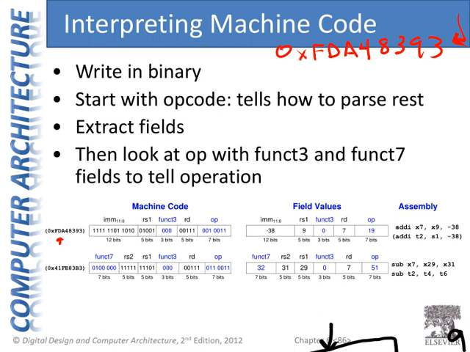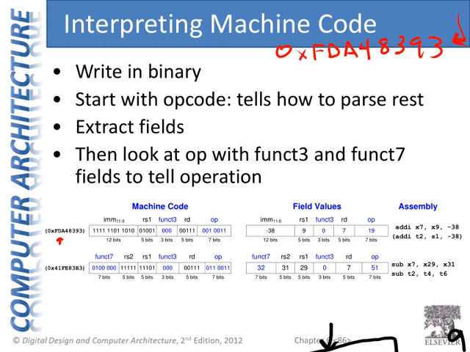So add immediate, and then we figure out, well, RD is the one I need next. So X7, that's the destination. Here's our RD field. It tells us where the result is supposed to be put.